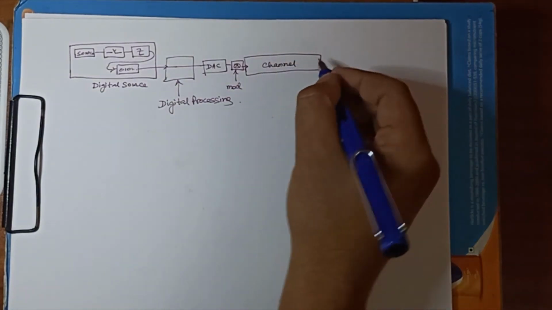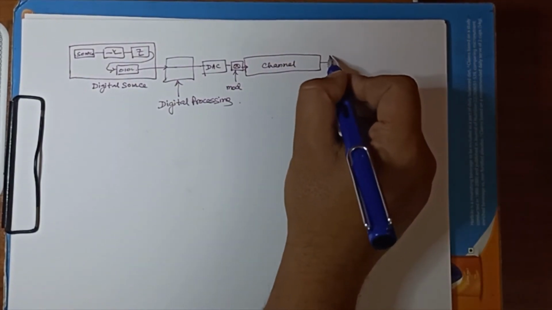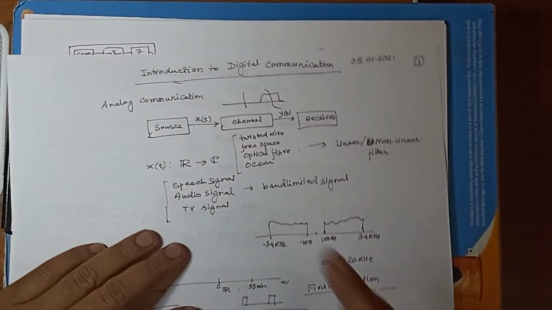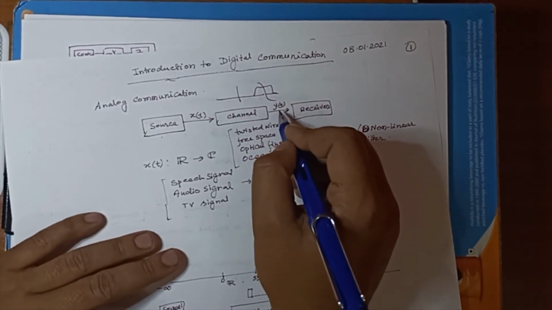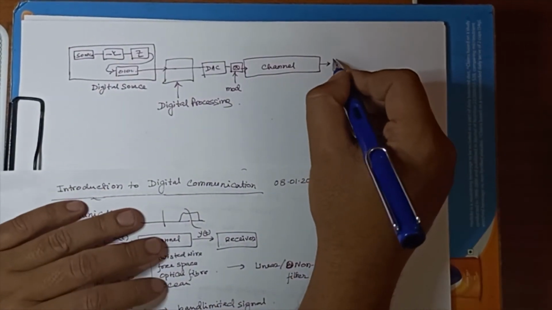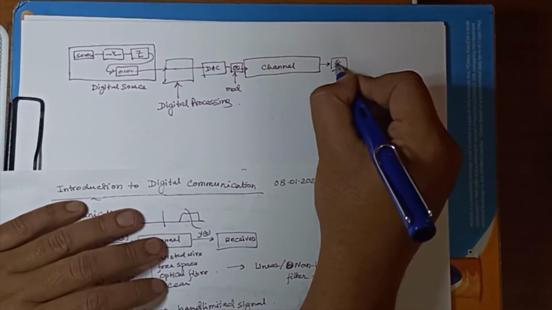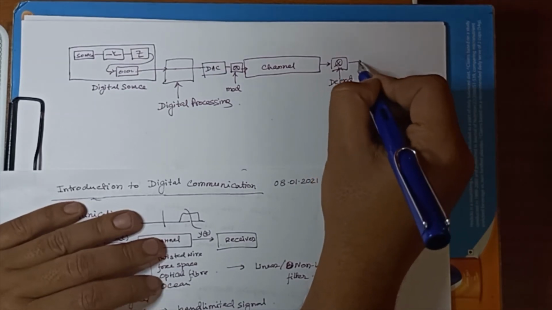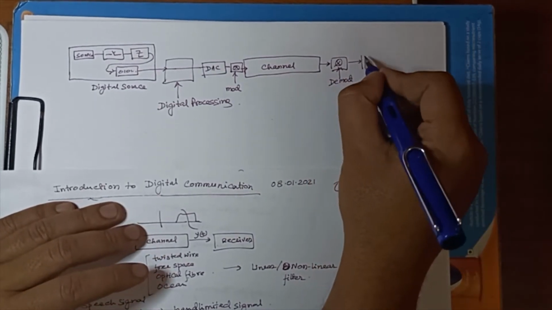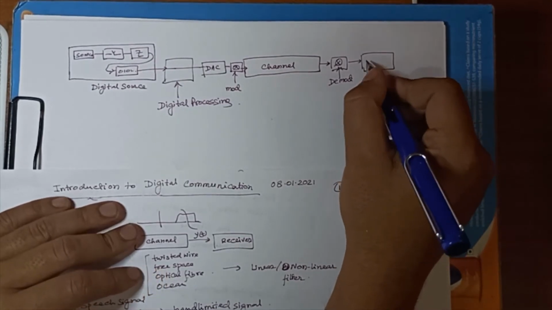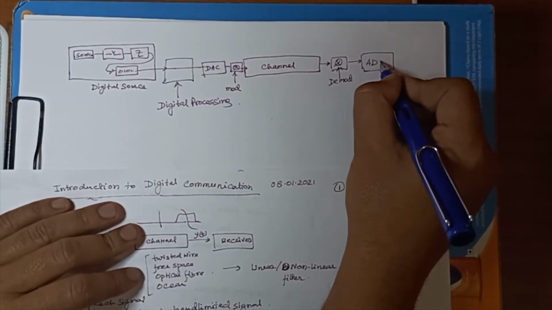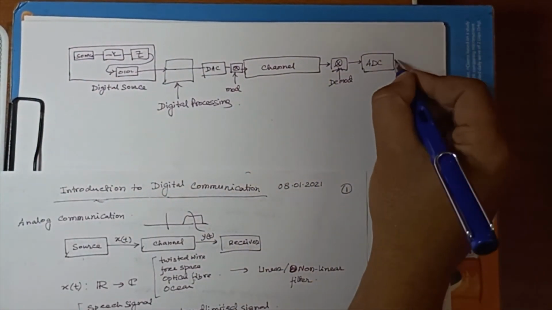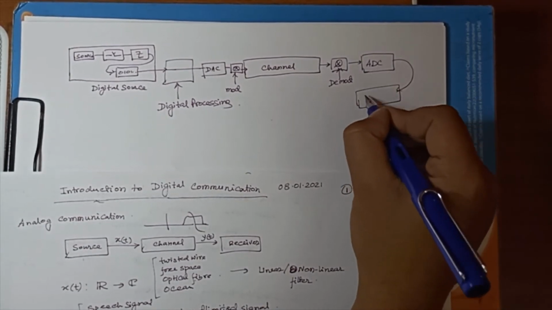Now after the channel, when you receive it, what you are receiving is an analog signal, a continuous time signal, exactly like in analog communication, with a similar kind of spectrum. So first you have to do demodulation. Once you do demodulation, you get again some analog signal. Then you have to do analog to digital conversion in some way, not exactly this way, and then again there will be some digital processing.